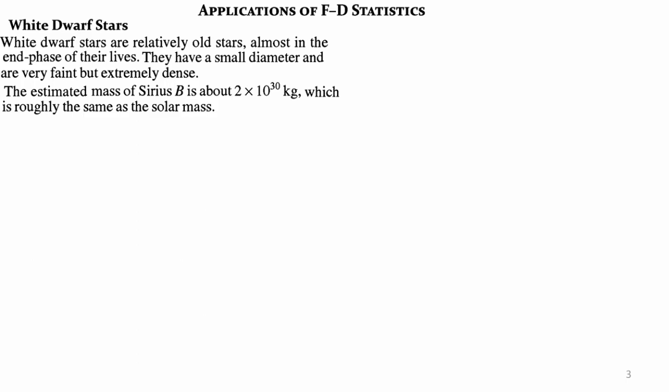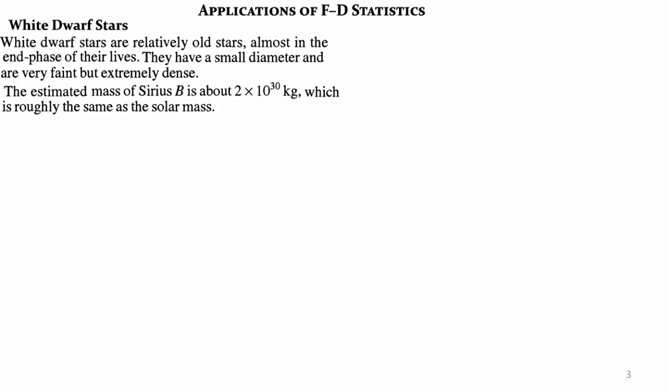And how do those helium atoms packed in a very dense star actually behave at such a high density? That's the fundamental concern of this topic. And we will see how Fermi Dirac statistics plays a very crucial and important role in understanding white dwarf stars.